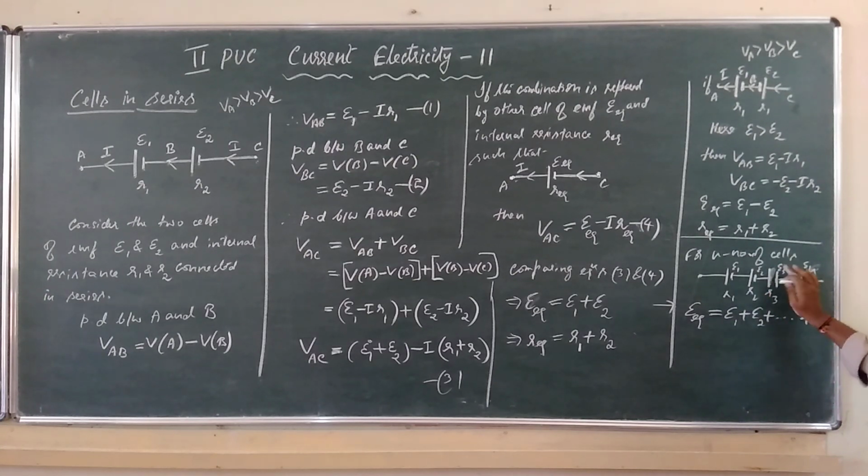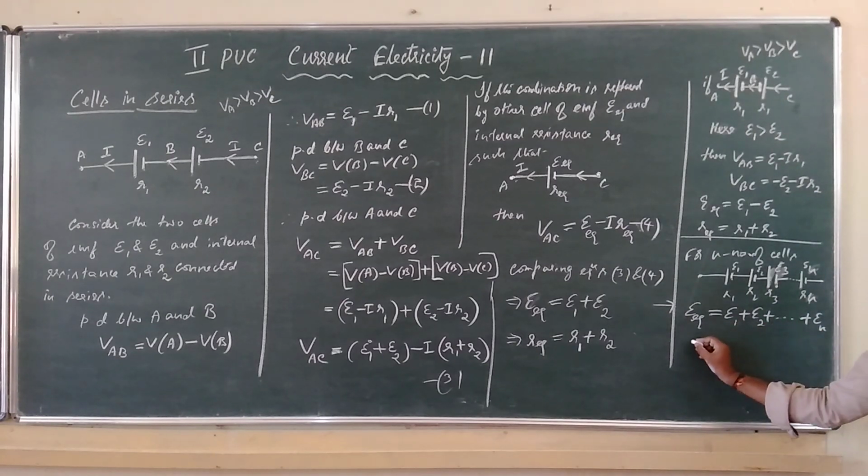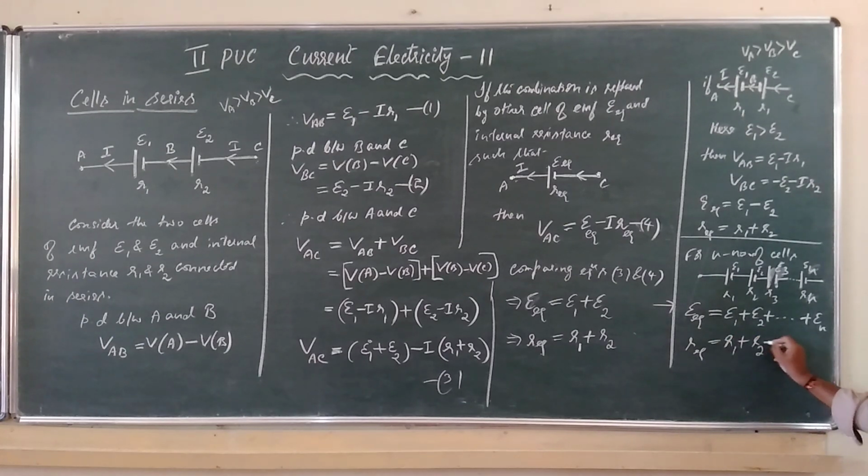So in general, E1 plus E2 plus E3 plus up to En, and the equivalent internal resistance is R1 plus R2 plus up to Rn. So this is for n number of cells.